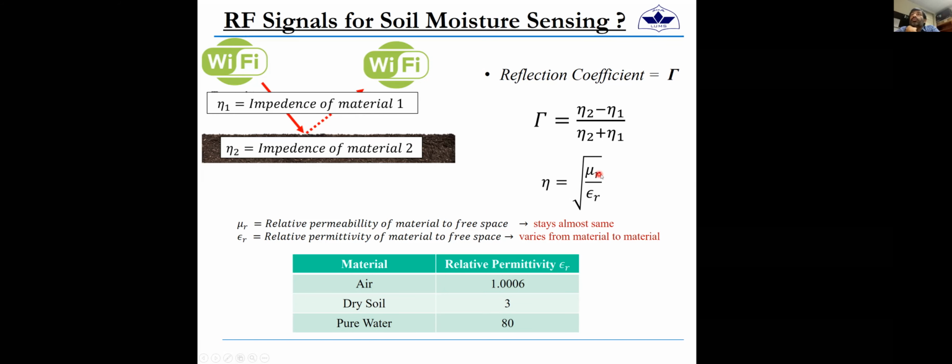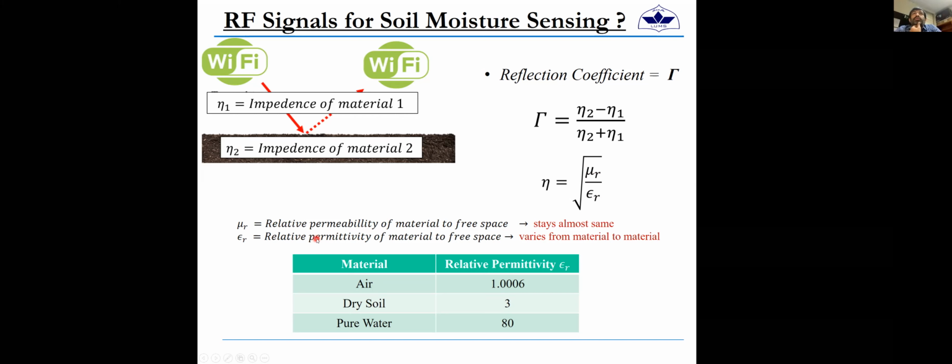So what is mu? Mu is called the relative permeability of the material relative to free space. And this mu almost stays the same from one material to another unless the materials are really magnetic materials. And this epsilon here is called the relative permittivity of the material relative to free space. That is why we have this R. Soon we will skip this R.